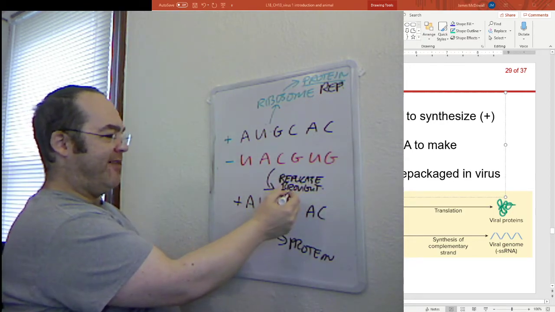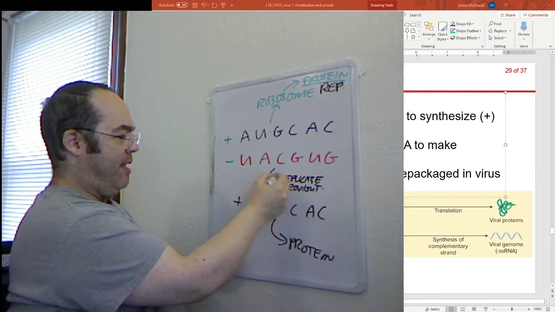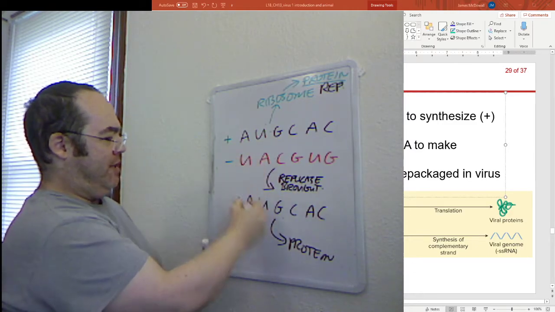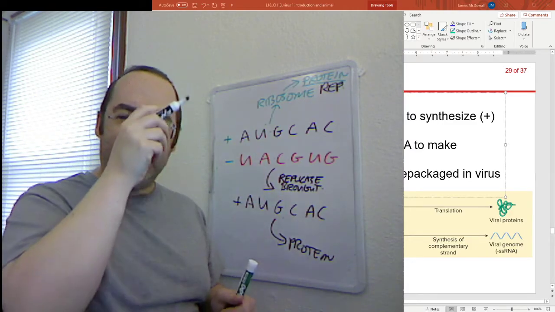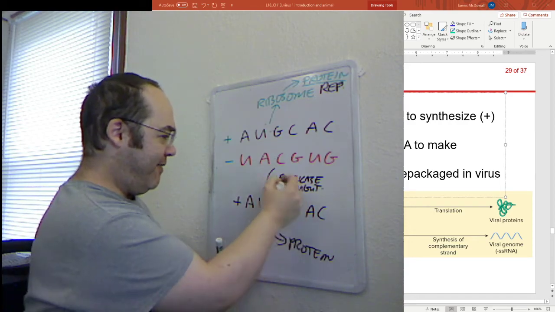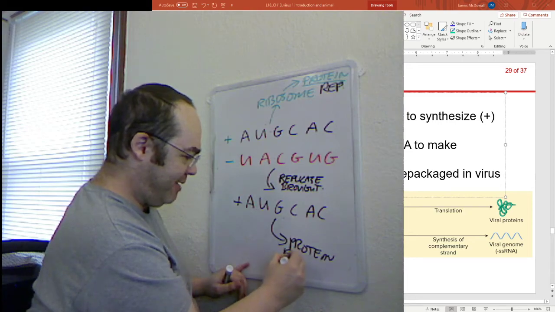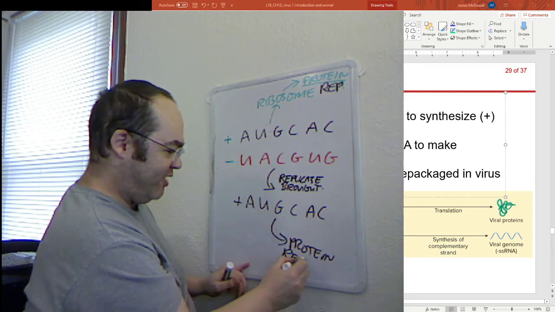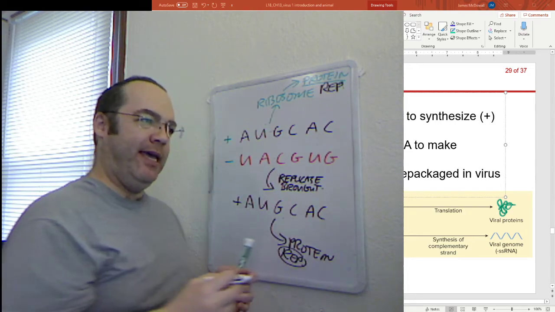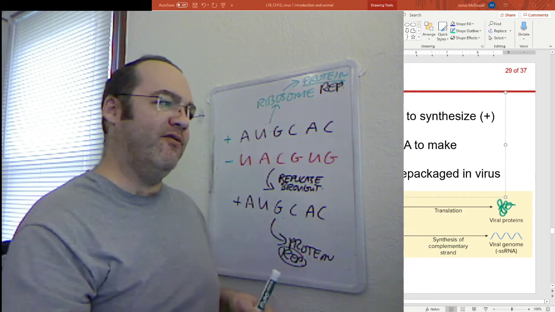And it's the replicase that they brought with them that allows them to generate the positive sense strand. And then the positive sense strand can be turned into proteins, which includes replicase. And it's this replicase that is packaged up into the new virus particle.